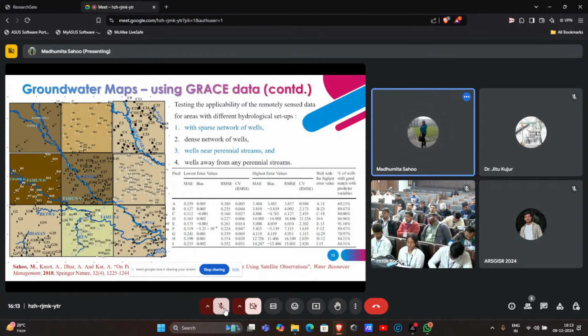We have got around 400 plus wells with continuous data. And we tried to see if each of the four different cases which we have mentioned here can be implemented using the GRACE data.